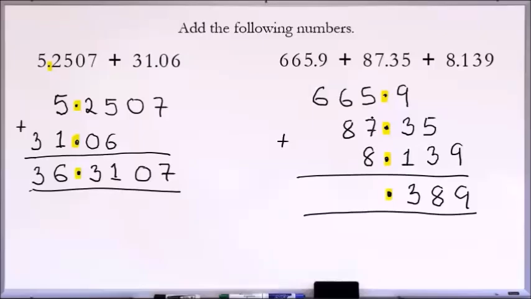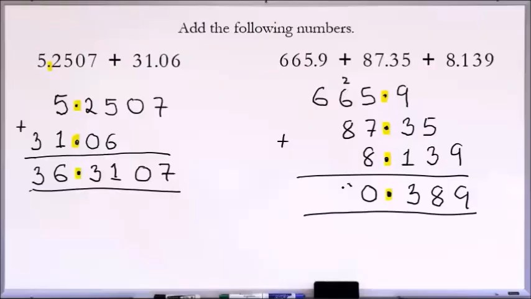Okay, now we have this. We've got a 7, we've got a 5, we've got an 8. Now let's go for this 7 and 8. We know that 7 plus 7 is 14, and 7 plus 8 will be what? 15. And 15 plus a 5 will give us what? Will give us a 20. So we put a 0 down, and we're gonna add a 2 to this. Now 2 plus 6 is 8, and 8 plus 8 is 16.